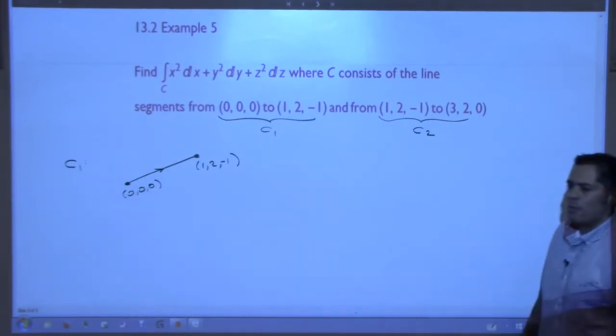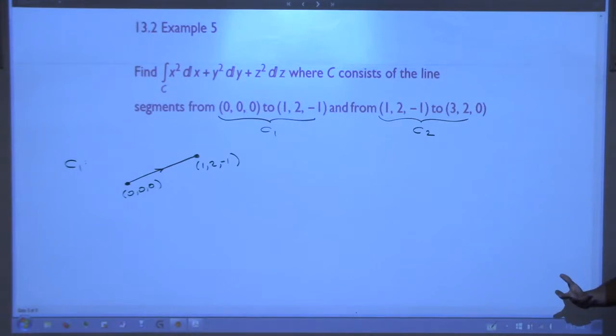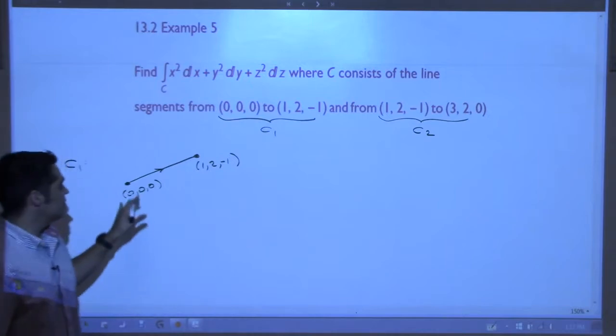So how can I come up with some way of representing that either in a parametric form or as a vector equation? Okay, so what vector equation are you going to use?